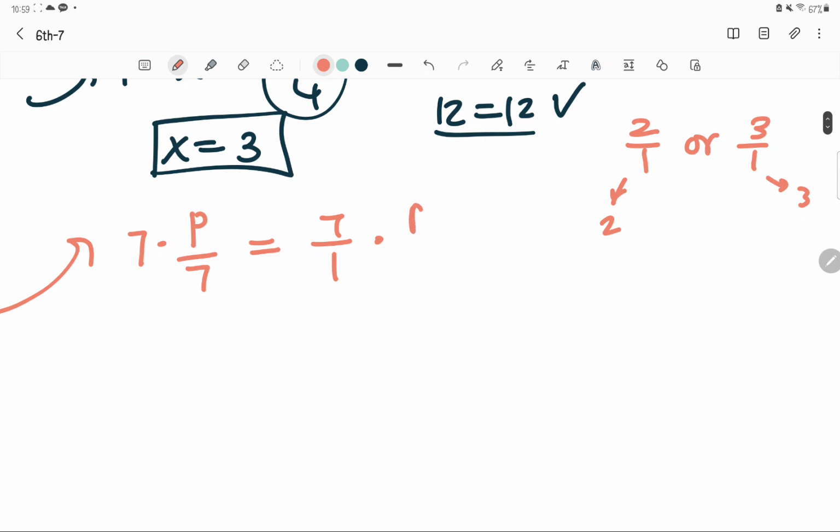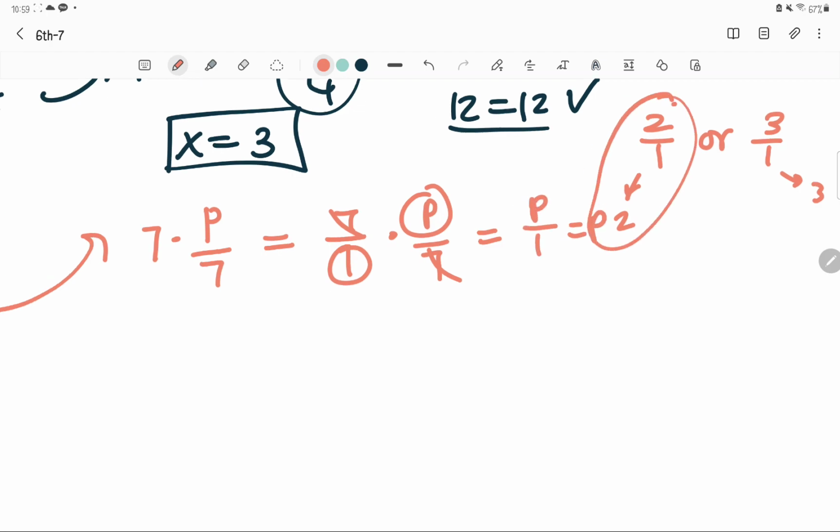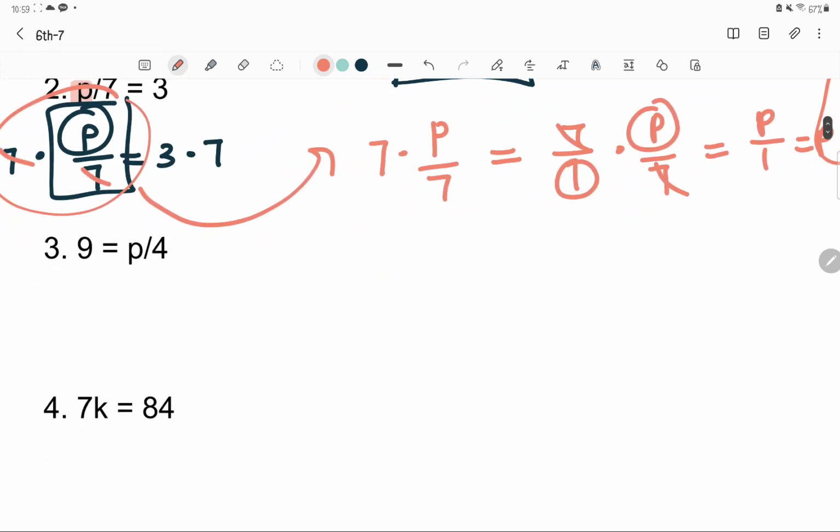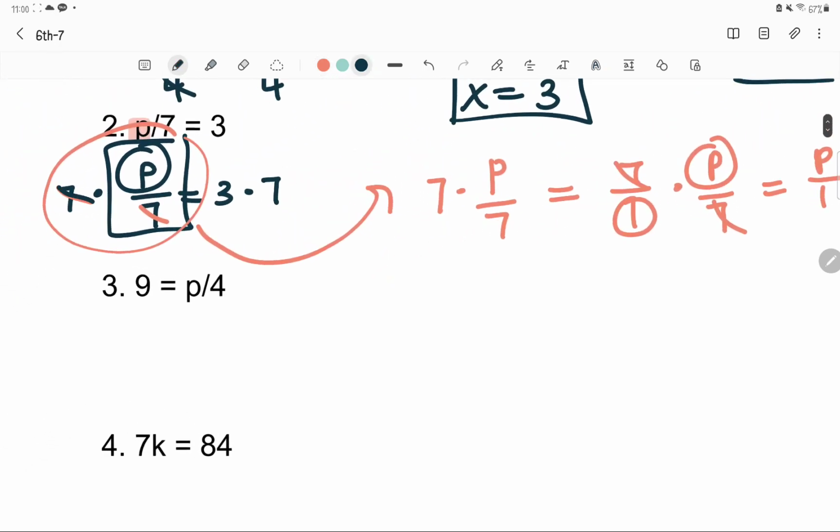So they can simplify, and we are left with 1 p over 1, which is just p, like in this example. So you cancel out the 7 right here, so you get p by itself. 3 times 7, which is p, equals 21.